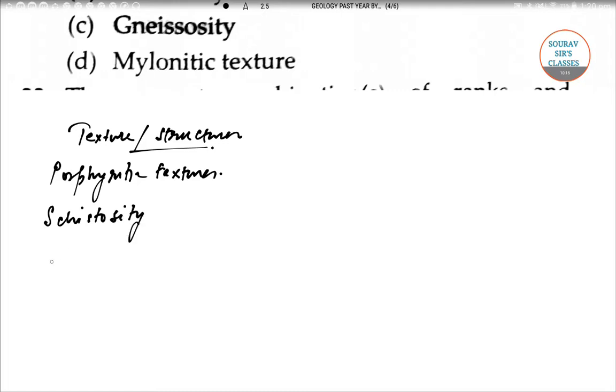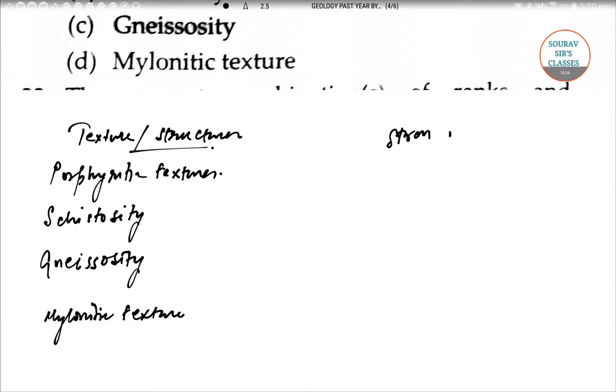Then we have gneissosity, and then we have mylonitic texture. Against each we will write another column, that is directed stress.